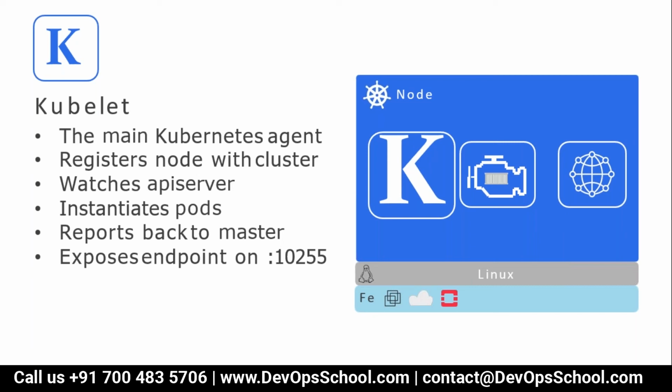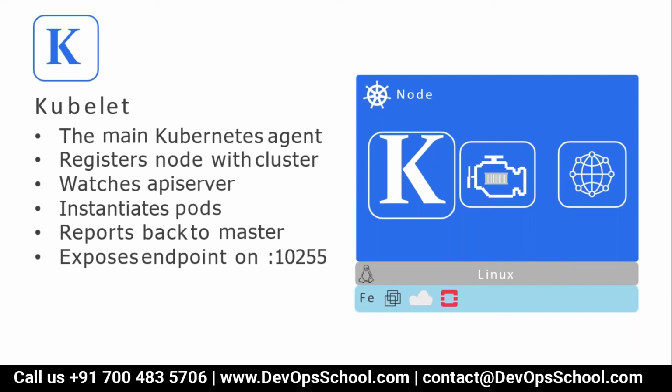But what is its work? Basically this Kubelet is an agent which has to run in each worker, so it can get requests from the scheduler, from the master node. Kubelet is the main Kubernetes agent which has to be running all the time, and which has to be reporting to the API server about its availability.